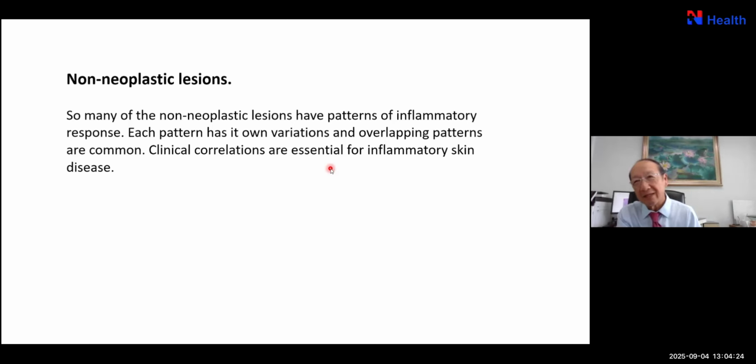Like lichen striatus or pagetoid reticulosis, or there are so many things. So it's difficult for pathologists who want to be good in the field of dermatopathology. You must know clinical dermatology too, and in the training to become a dermatopathologist, you must spend time in clinical dermatology to get to know everything like a dermatologist. You only don't know how to treat patients.